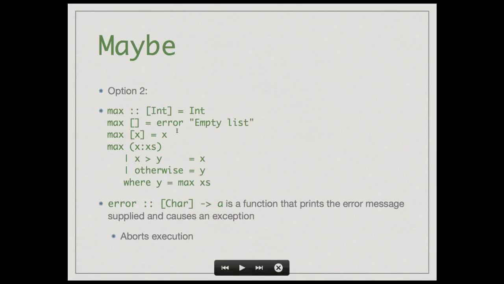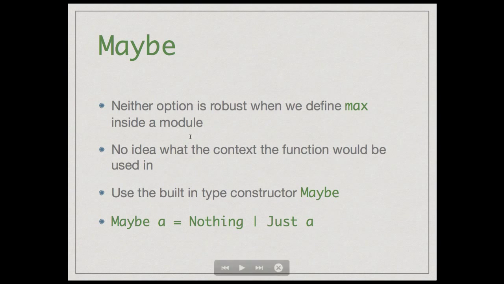But even this is not very desirable because the error function actually aborts the execution. We want something that works on most inputs and also doesn't abort execution. The point is that we have no idea what the context is in which the function would be used.